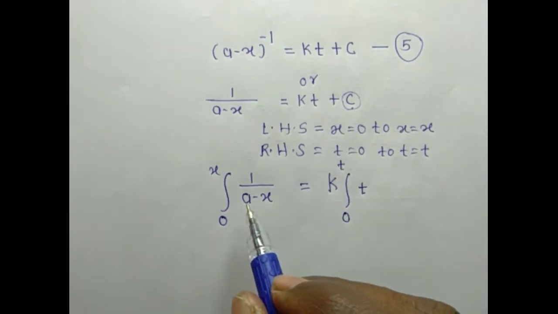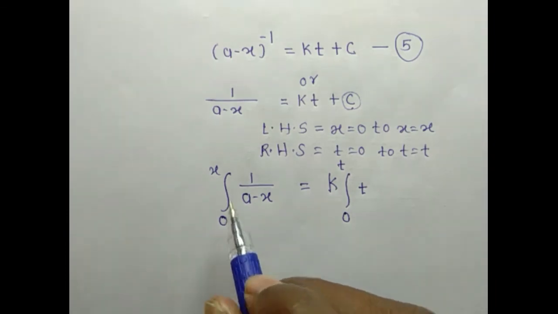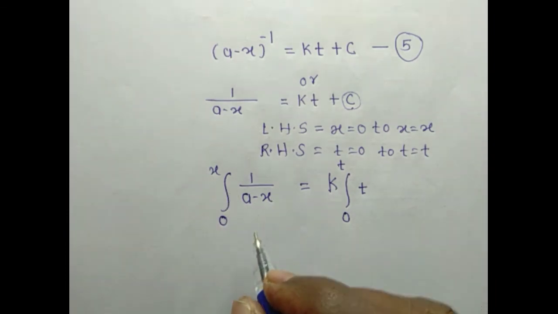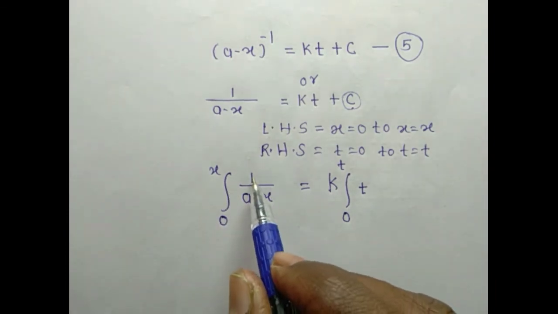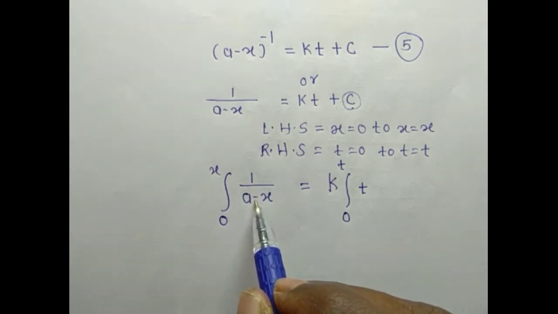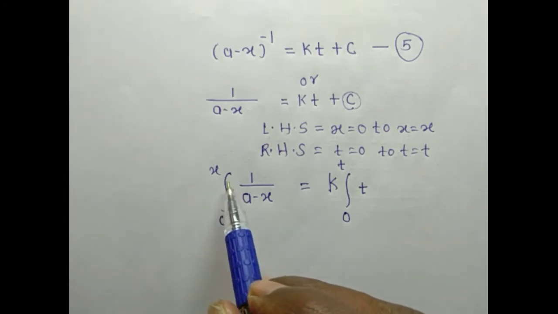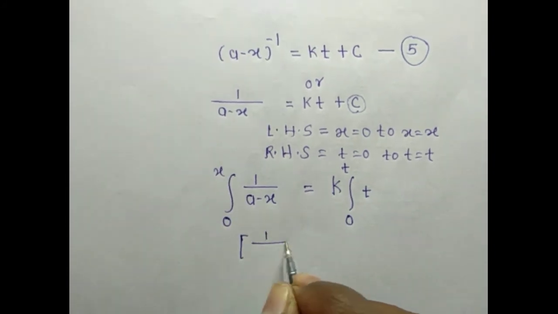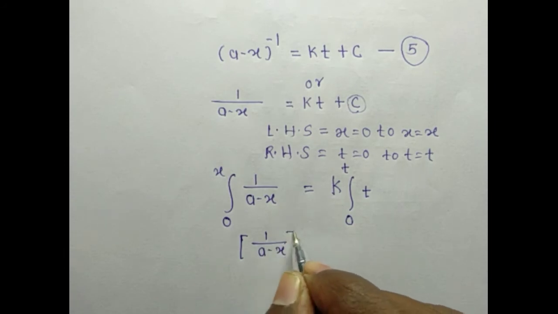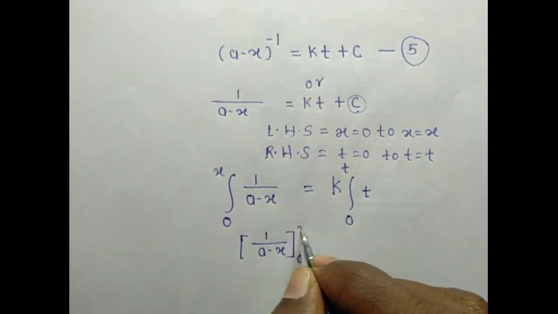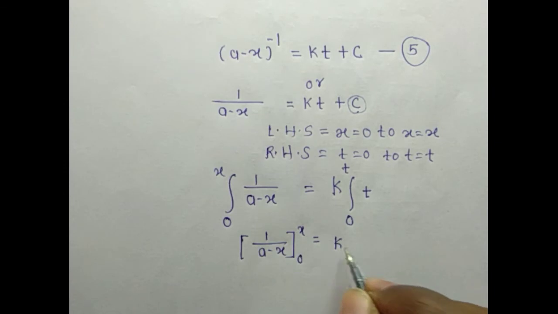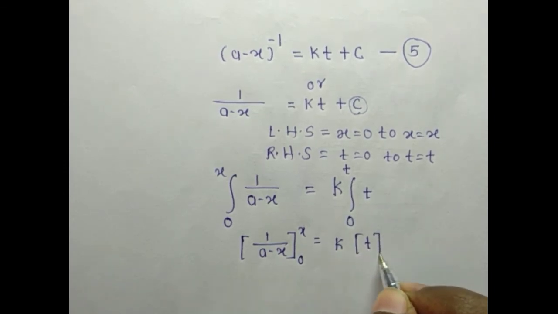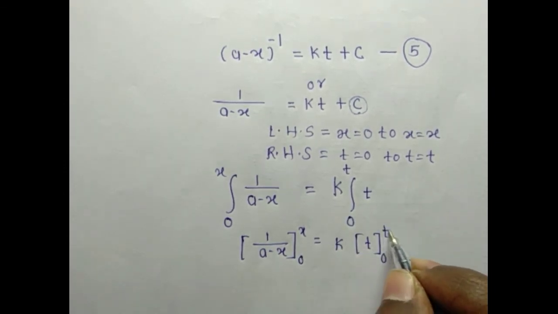After taking the integration between the limits, the equation becomes 1 upon (a − x) from 0 to x is equal to k into t from 0 to t.